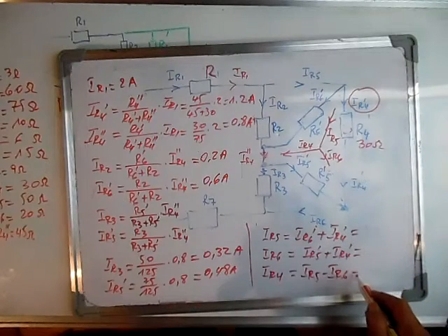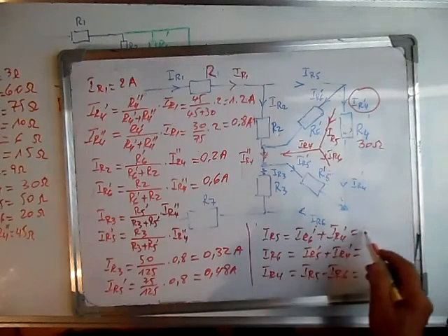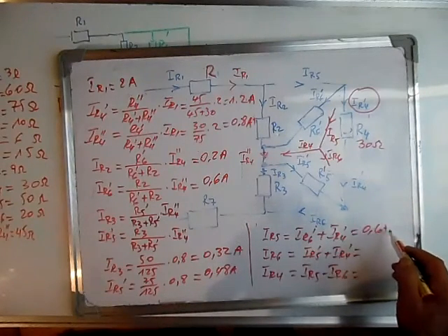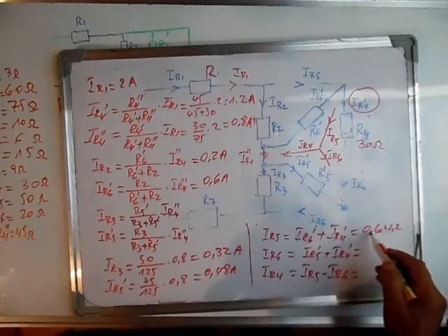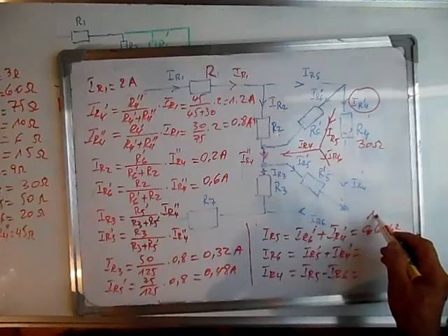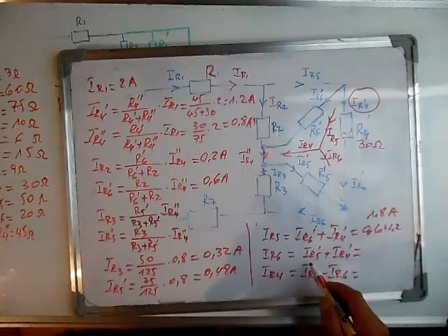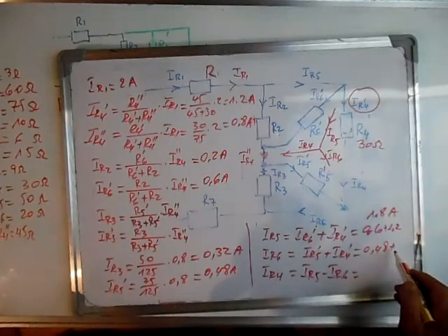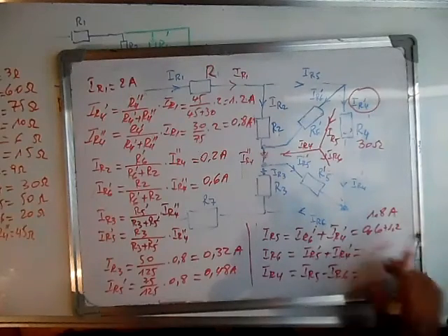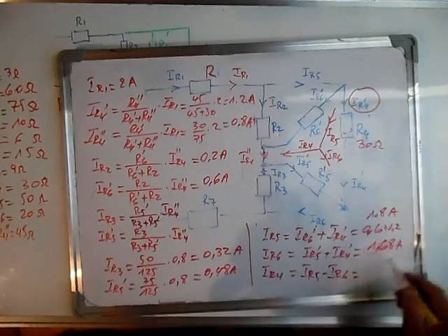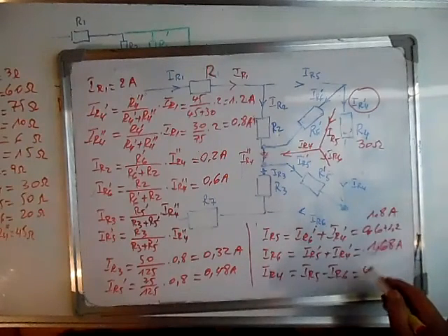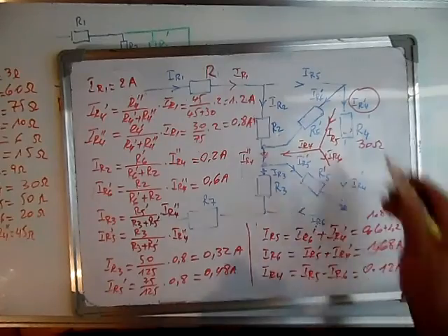So this one, IR6 prime, I calculated 0.6, IR4 prime 1.2, 1.8 amps, and here it's IR5 prime 0.48 plus 1.68 amps, and the difference is 1.8 minus 1.68 is equal to 0.12 amps. And we calculated all the currents.